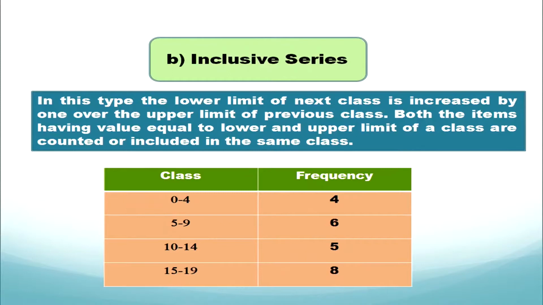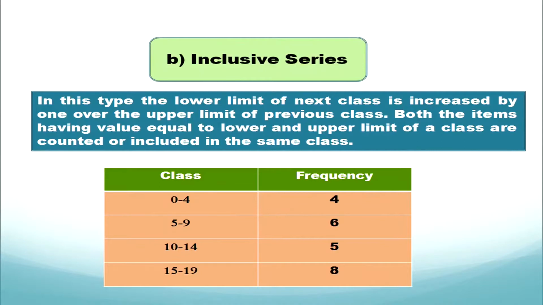Now, what is an inclusive series? In this type, the lower limit of the next class is increased by one over the upper limit of the previous class. That means the upper limit of the previous class is not the lower limit of the next class. So, what is the difference?